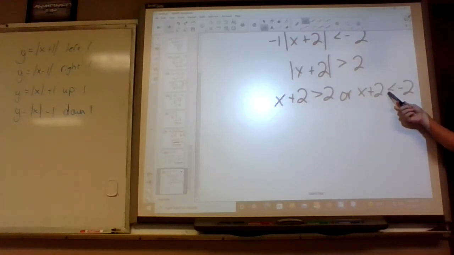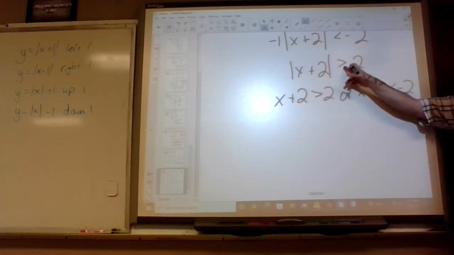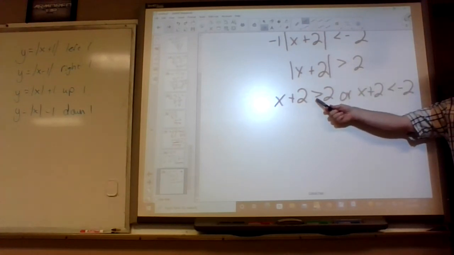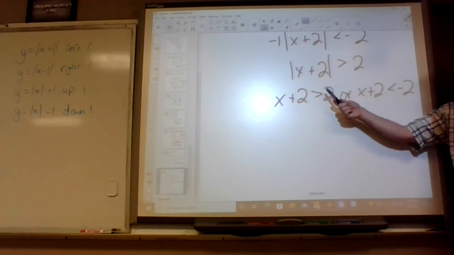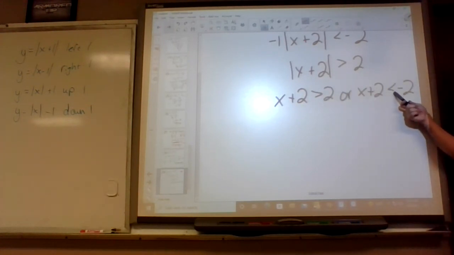So on the second one, you switch the greater than, and you make that negative, and solve them separately. You guys see how that's almost the same as an equals? On the equals, we just said it equals 2 or equals negative 2. On the greater than, you say it's greater than 2 or less than negative 2. And solve them both.